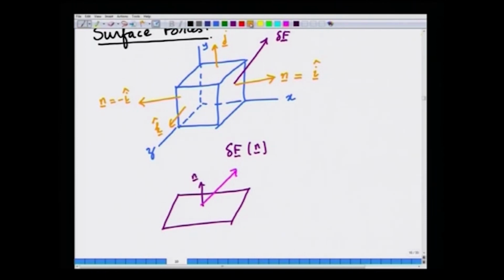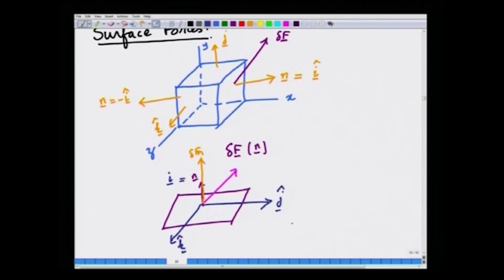It will have a component in the direction of the unit normal, called the normal component of the force, delta f n, and for any surface there will be two tangential components in the plane. In this example n is equal to i, so the two tangential components will be in the directions of j and k.